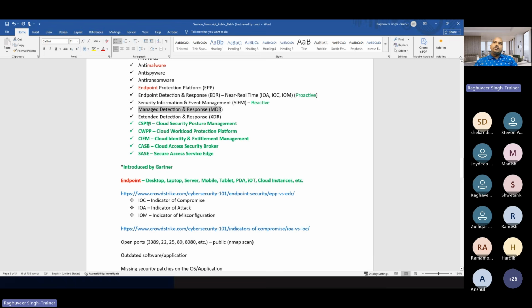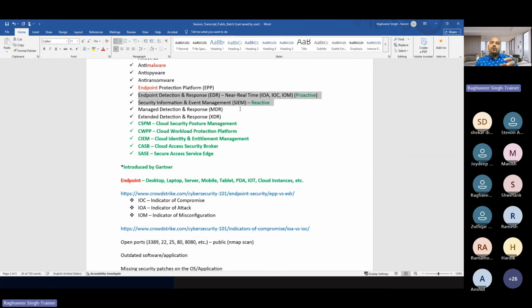Then comes extended detection and response, which is the next layer of it. Extended detection and response basically means that you combine multiple security capabilities into one solution. So, for example, vulnerability management through Qualys or Tenable or Rapid7, email security from Proofpoint or from Microsoft Defender for Office 365, or any security solution.